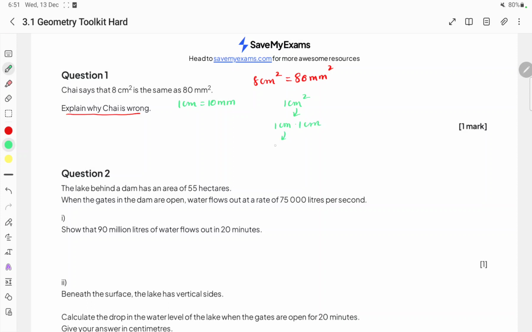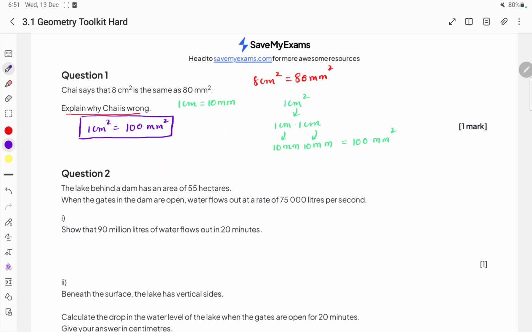So 1 centimeter is 10 millimeter and this is also 10 millimeter, which means 10 into 10, 100 millimeter square. So the conversion we have here is 1 centimeter square is equal to 100 millimeter square.